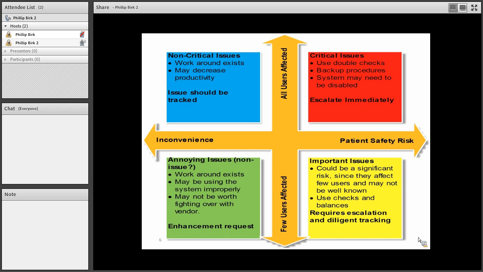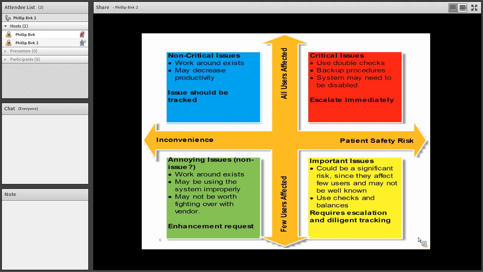On the other hand, if you have something that doesn't affect many users, but it's higher on the list of patient safety risk, then it's going to be something that I would call an important issue. It may affect a few users, but the fact that it doesn't affect too many people means that it's less well known, that people could stumble into this problem in the system and potentially cause harm. And a lot of people will use a system of checks and balances.